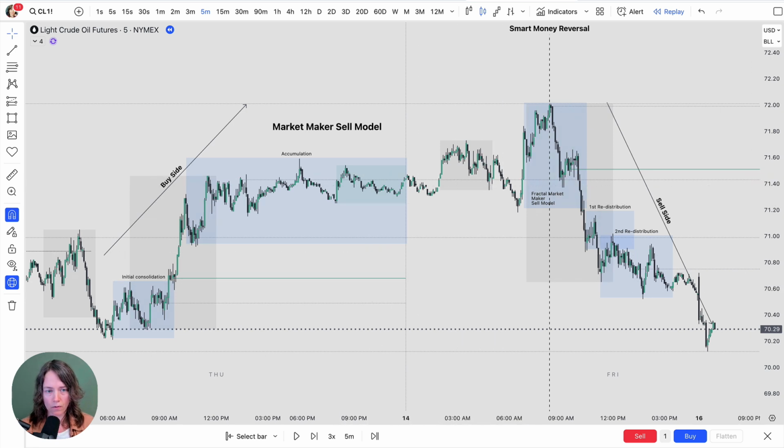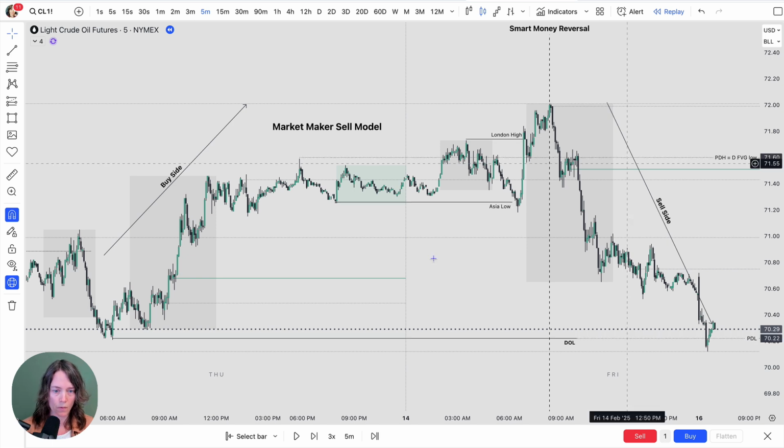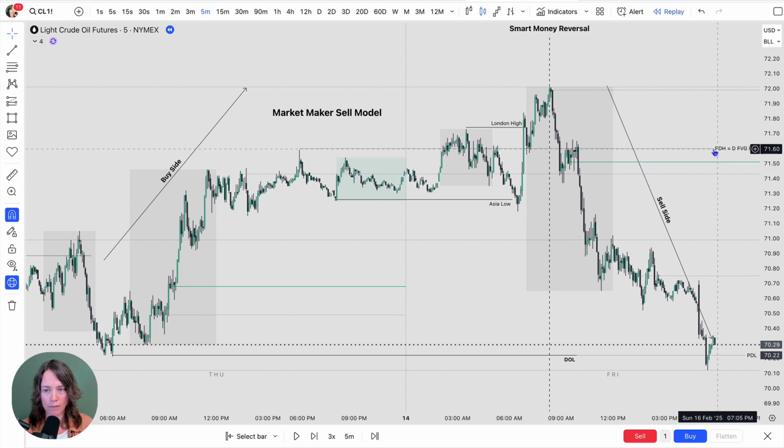When I saw this happening, I also looked at, let me remove those boxes, liquidity. The liquidity that I had on my chart, first of all, was the previous day high, which was also the daily fair value gap high, and that was the 50% of it. Then we had a London high and an Asia low. What we see over here is that we did a double purge.